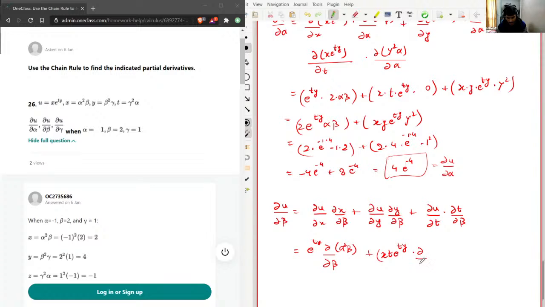xt e power ty times del over del beta of y, which was beta square gamma, plus xy e power ty, and then this will be del over del beta of t, which is gamma square alpha.